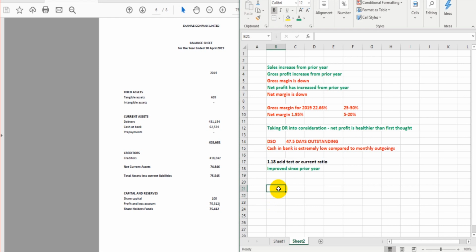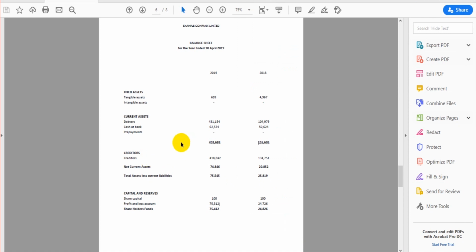But before we do that, let's just look at a few more figures on these accounts that don't necessarily require ratios or formulas. It's just being a bit of an investigator and trying to work out what's going on. So my main concern about these accounts is the cash in bank is so low and the debtors is so high.